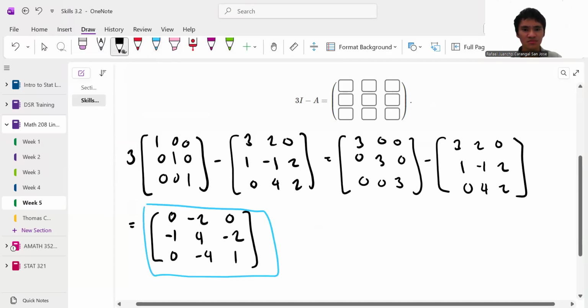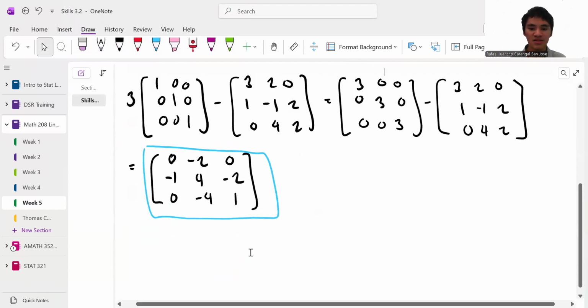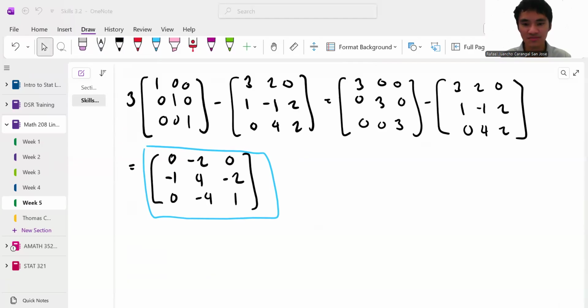So I would just put these in: 0, negative 2, 0, negative 1, 4, negative 2, 0, negative 4, 1. Right? That's what I would put. Let's see if we got that. Put 0 there, negative 2 there, 0 there. So I'm putting them row by row.